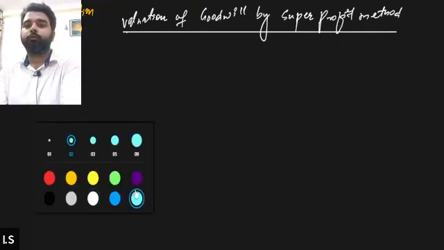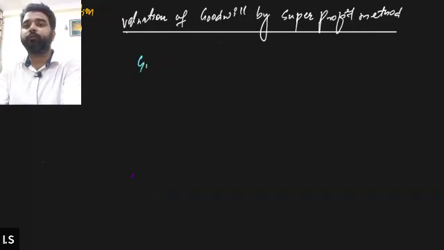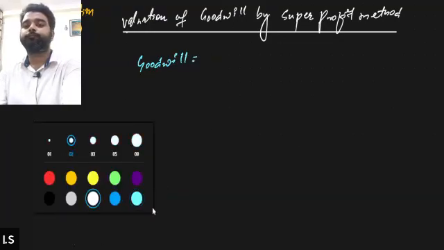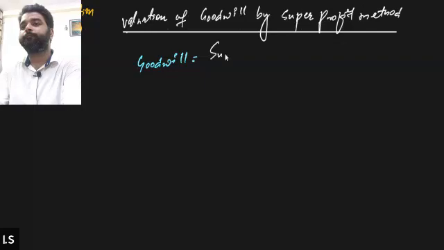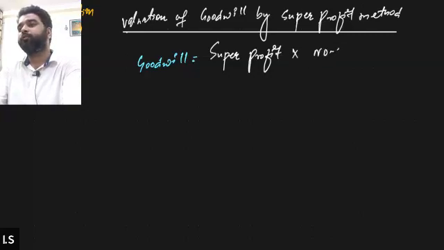Okay, so the valuation of goodwill under super profit method is done by using this formula. Goodwill equals super profit multiplied with the number of years purchase.